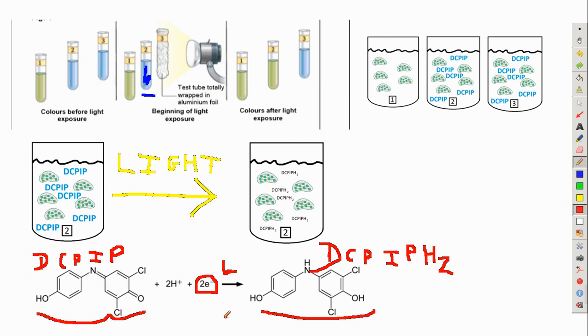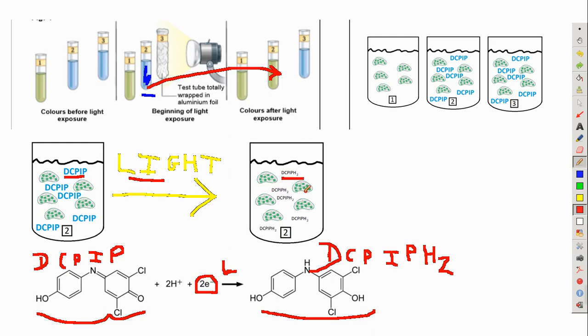So just to recap the 3 steps, first thing which is obvious is that we go from a blue colour to a green colour in the presence of light. The second thing we can say, which is more scientific, is that DCPIP in the presence of light has been reduced to DCPIPH2.